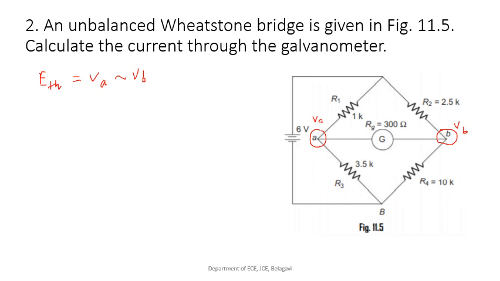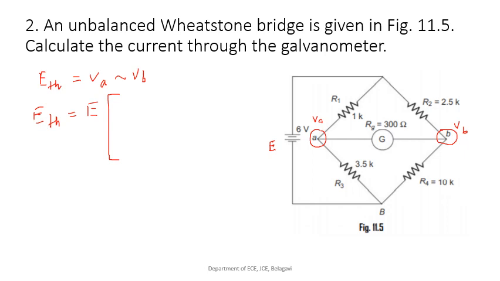The equation for ETH will first be multiplied with E. Here you can see E is 6 volts, the battery. This will be multiplied, and you have to create a bracket.